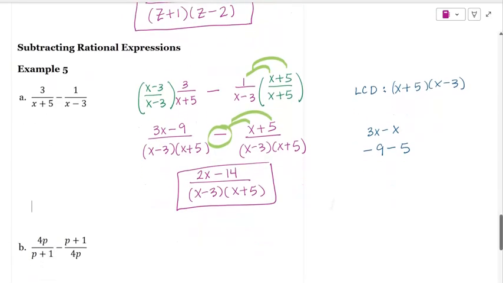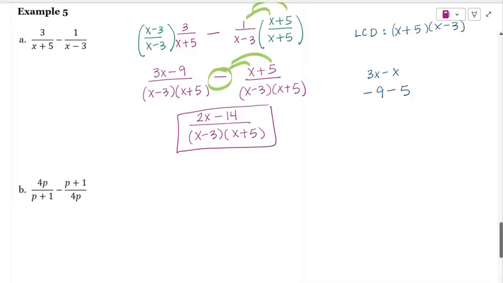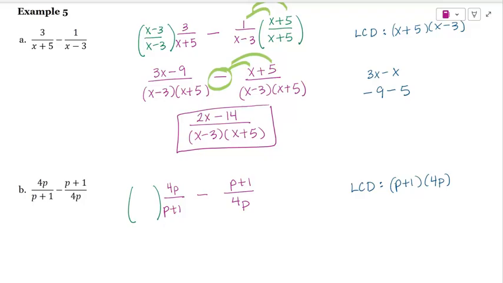All right, let's do one more like that. In this example, I think that my least common denominator is going to be p plus 1 times 4p. So I'm going to multiply my fraction on the left by 4p over 4p, and the one on the right by p plus 1 over p plus 1.